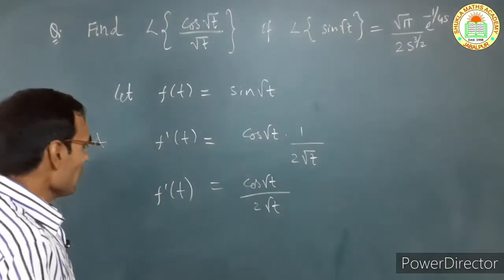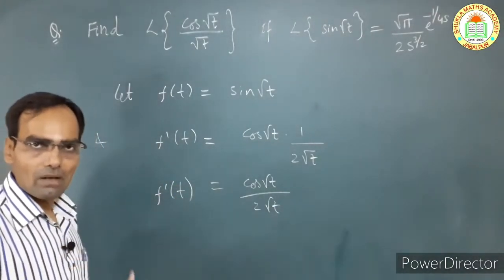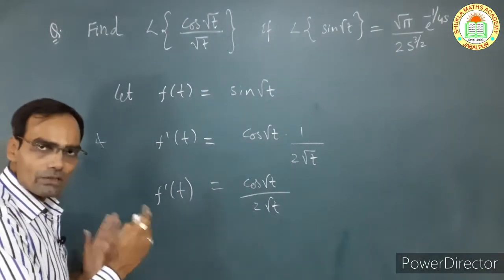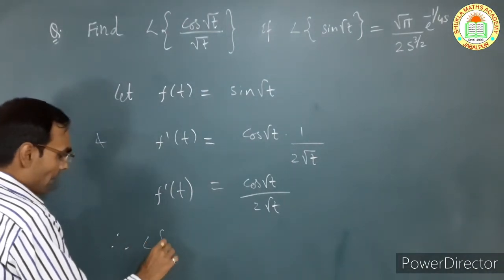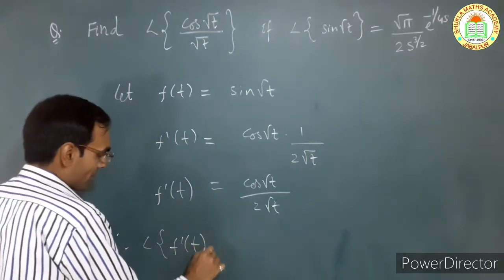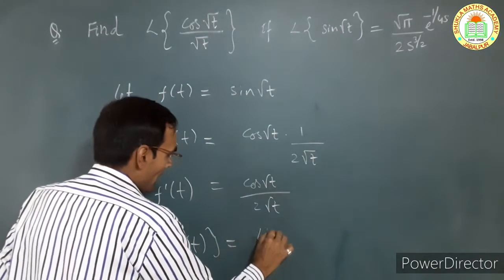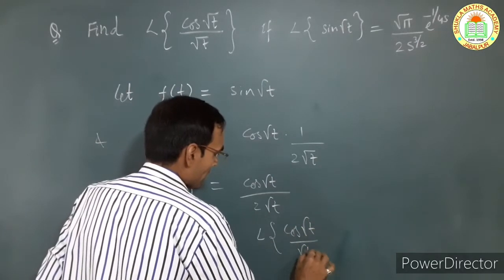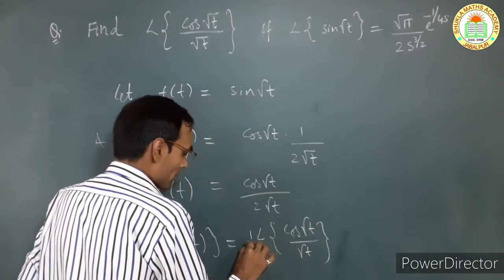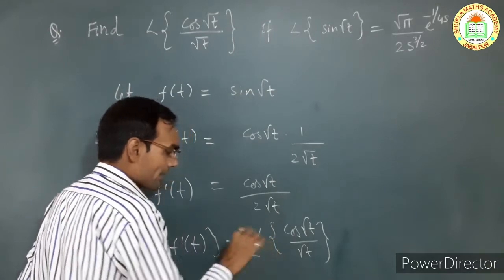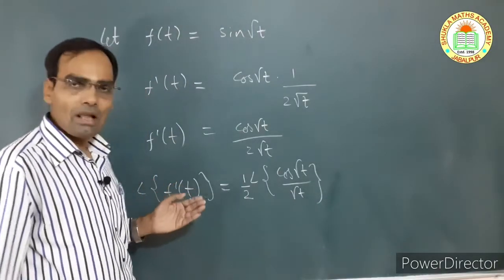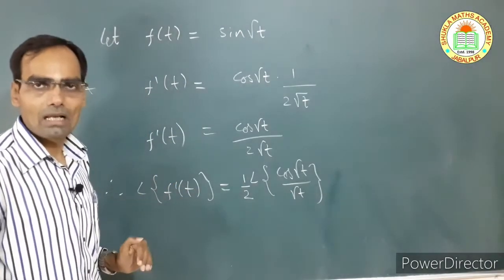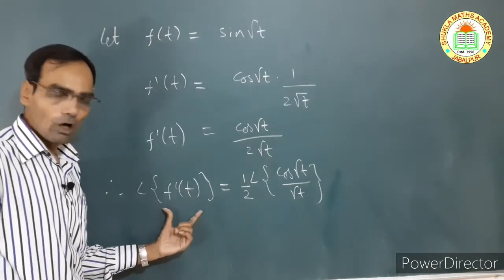And after that we take the Laplace transform of both sides of this equation, then we get Laplace of f'(t) is equal to Laplace of cos root t upon root t, and 1 by 2 is a constant, so we take it common outside L.